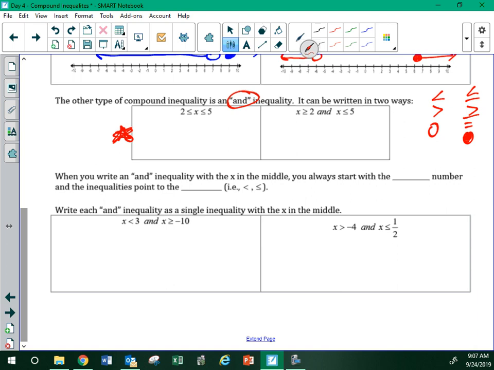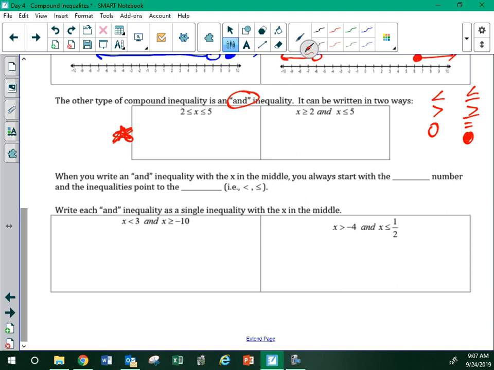So what we have here is it's saying x is between 2 and 5. Here it's saying x is greater than or equal to 2 and x is less than or equal to 5. They mean the same thing, just written two different ways.